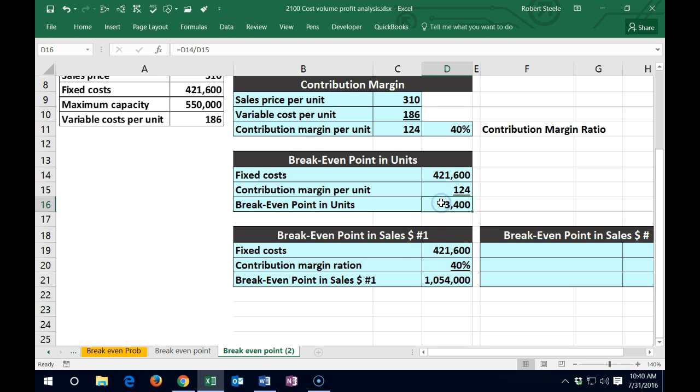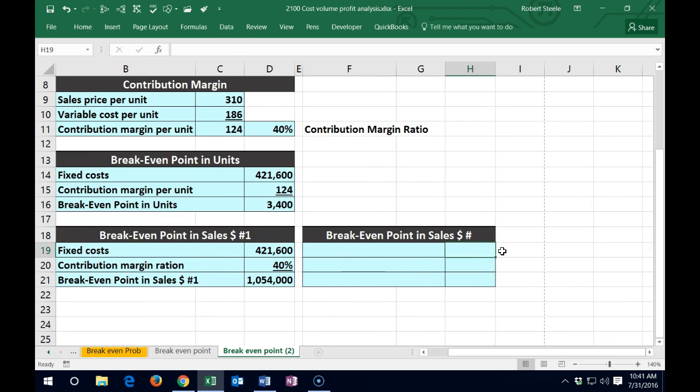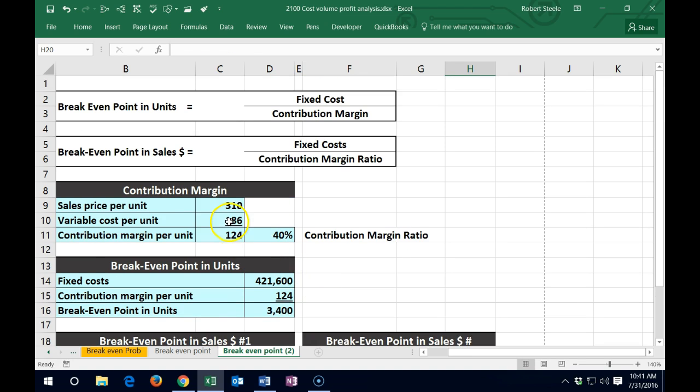So we need to sell this many units, which would give us this much revenue, which would then cover the total cost, being both the fixed and variable portion, using this calculation. Now we could have just used our other calculation, which would have been the idea that if our break-even point in units is equal to 3,400 units, and we just took that and multiplied by the sales price per unit, which we said was $310.